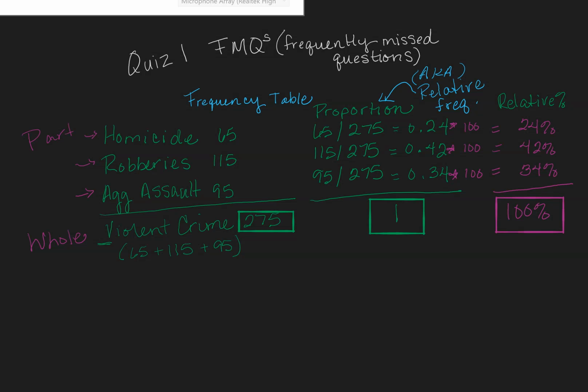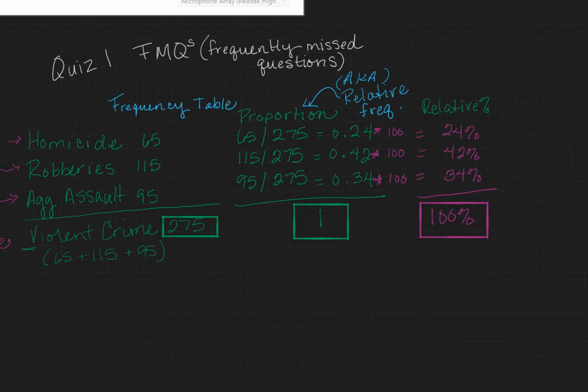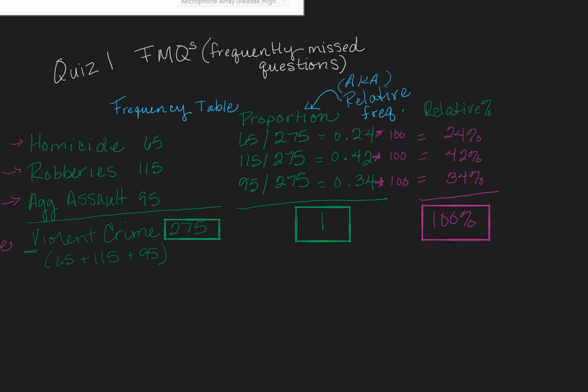The last type of percentage I'm going to show you is the cumulative percentage. Now, a cumulative percentage is basically telling us what the percentage of homicide is in this violent crime whole. We know that's 24%, so we can just carry that first number over. But what is the cumulative?